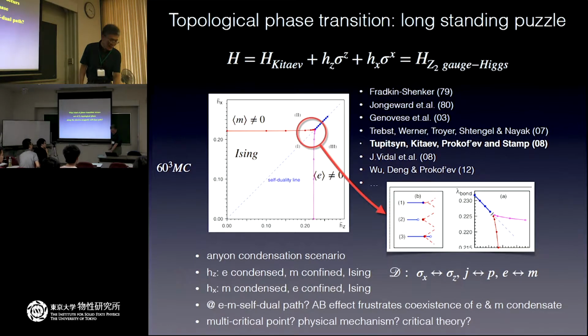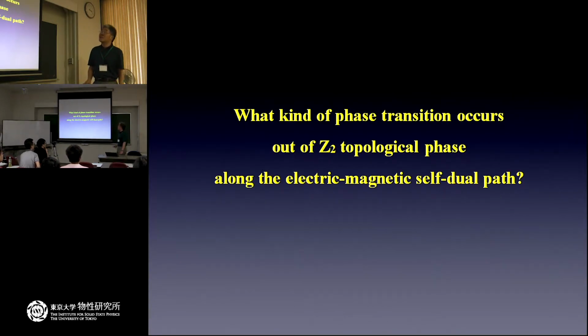Okay. So the first question we would like to answer: what kind of phase transition occurs out of this Z2 topological phase along the electric magnetic self-dual path? This is the first question we would like to address.